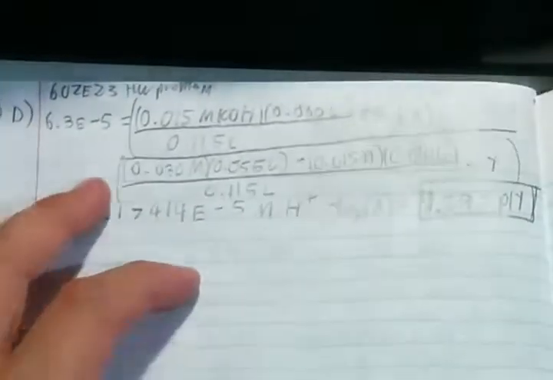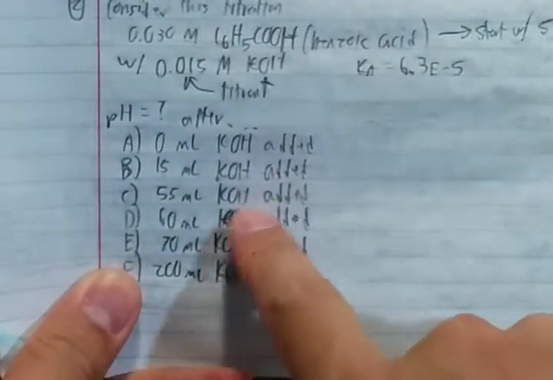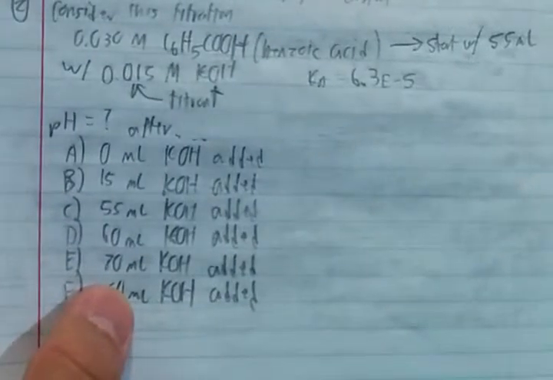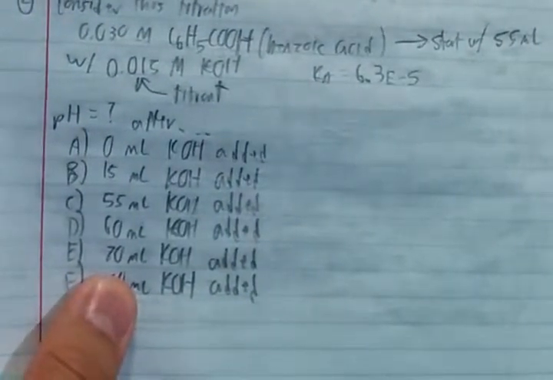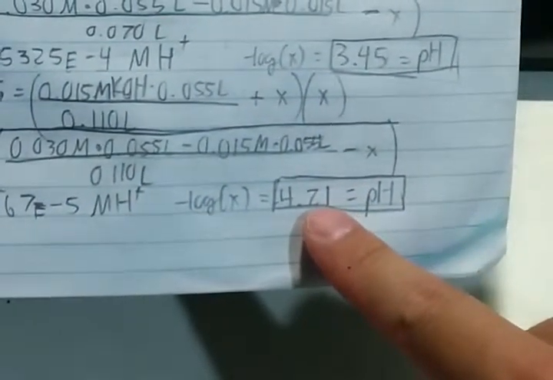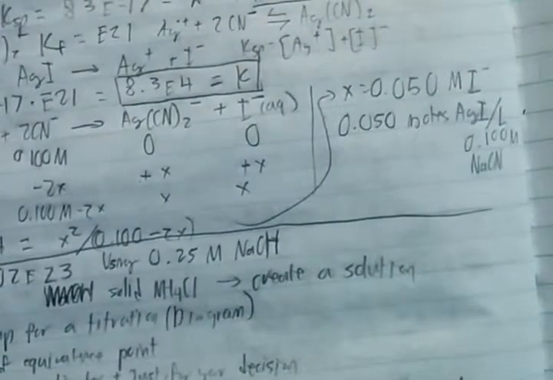To check this, I can't really check it because I don't have the answer, but what I do have is the answer to the last problem. The last problem was 55 ml of KOH. So the pH of the last value should be lower than the pH of this value.